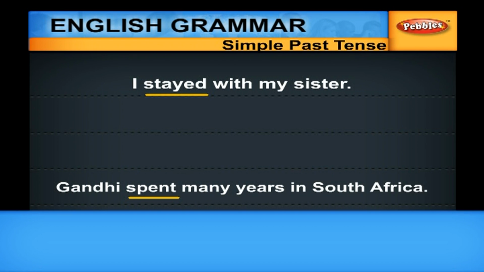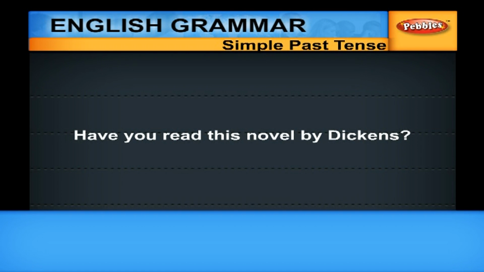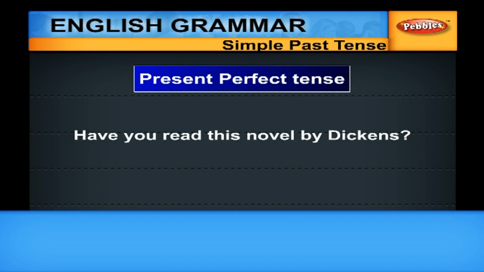Now, you have to realize the difference between present perfect and simple past. Now, let's observe this example. Have you read this novel by Dickens? Now it is in the present perfect tense because it has have as auxiliary and the past participle of the verb read, which is read.